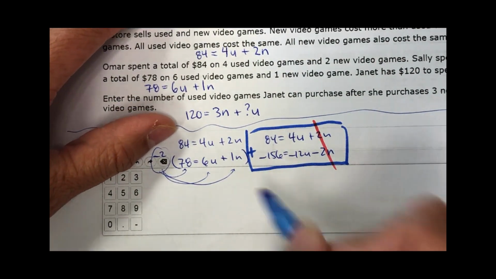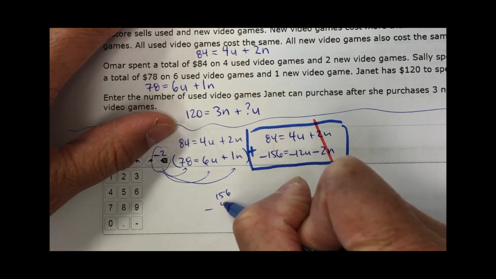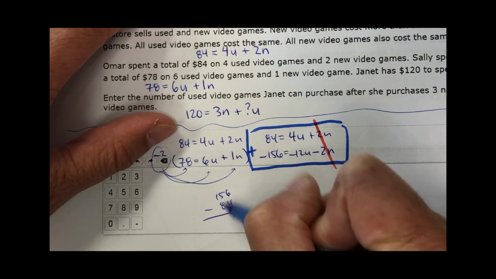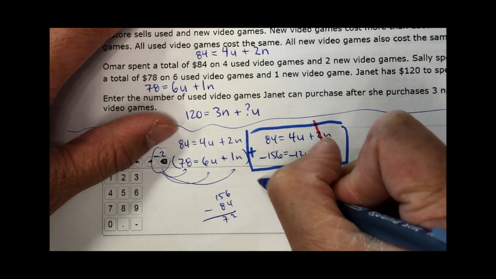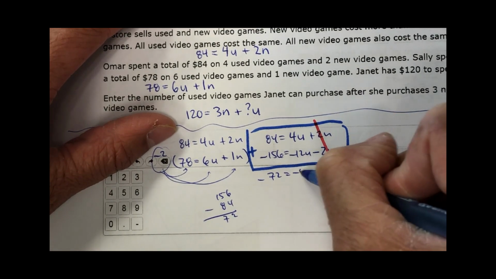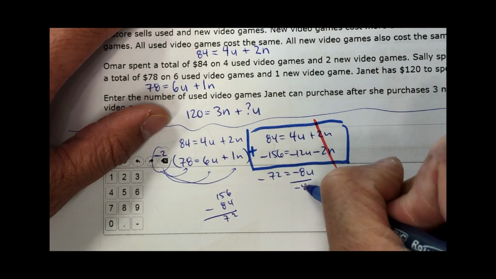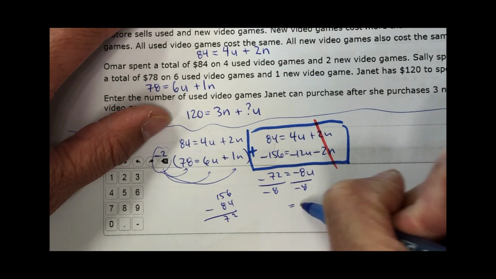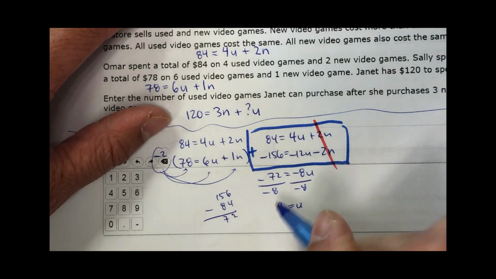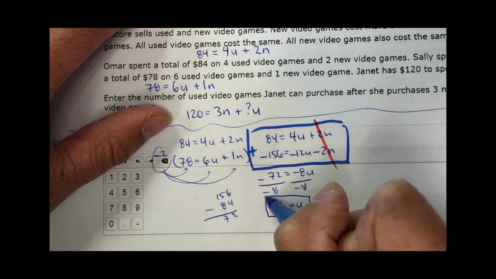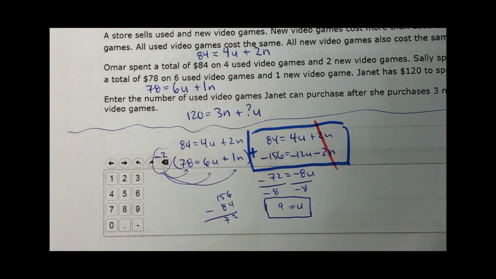So if I add those together, 156 minus 84, I'm going to get 72. So -72 equals -8U. If I divide both sides by -8, I'm going to get U equals +9. 1 used game cost $9.